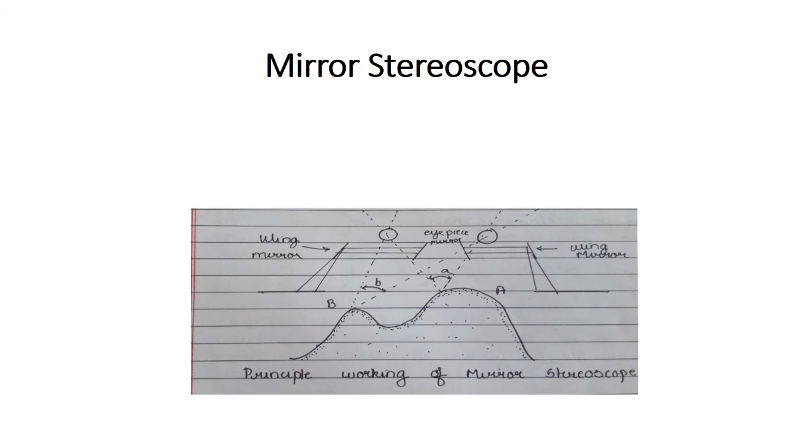The next one is the mirror stereoscope. The mirror stereoscope has two large wing mirrors and two smaller eyepiece mirrors.